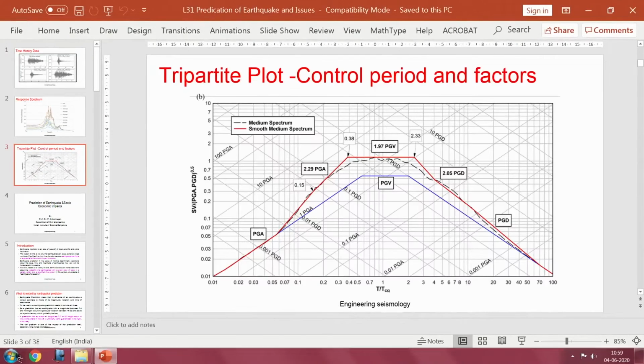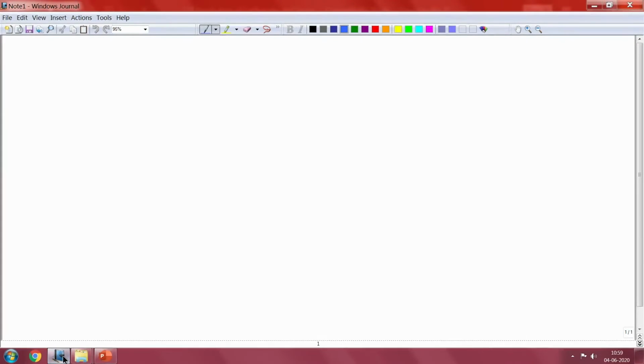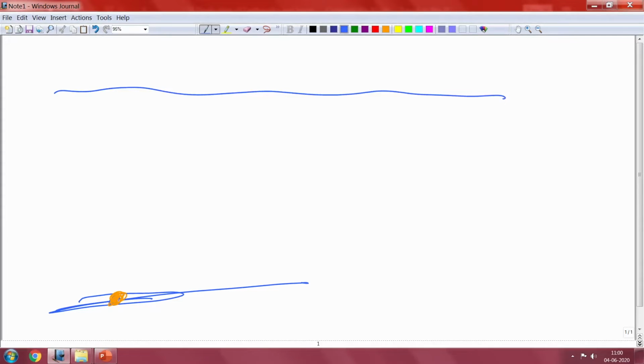What is the difference actually? Earthquake prediction is basically saying that at this location an earthquake is going to happen. As we know, we are on the surface, and the waves travel and reach a place where they are expected to come.